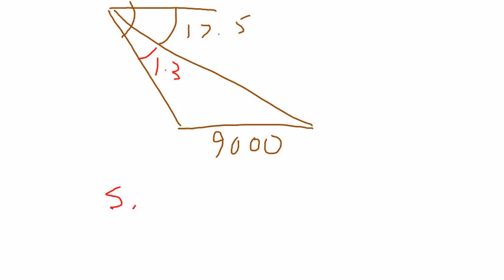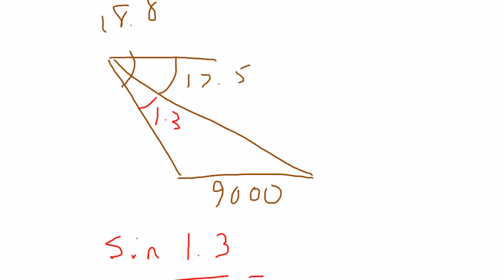So the sine of 1.3 degrees over 9,000 is one of the ratios I can use to find the rest of this triangle. But I'm going to need at least one more angle or one more side. I cannot find one more side, but I can find an angle.